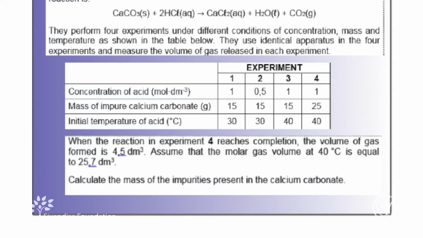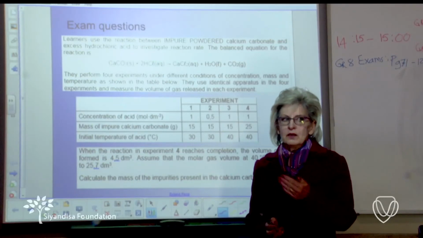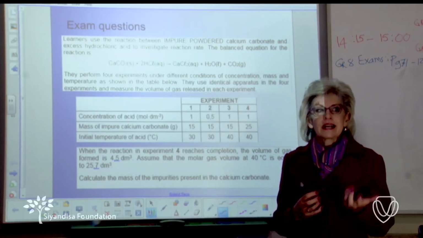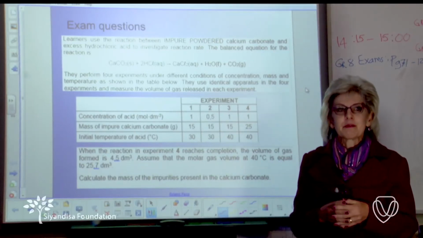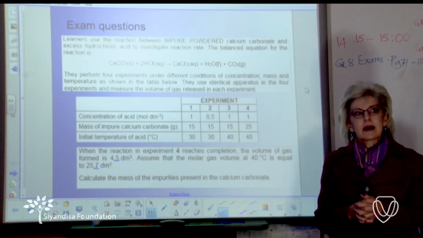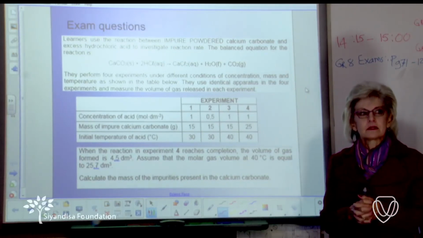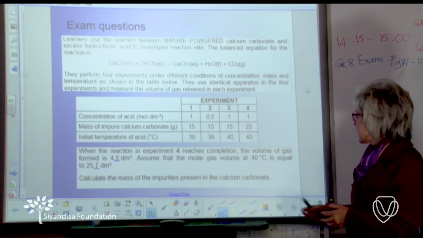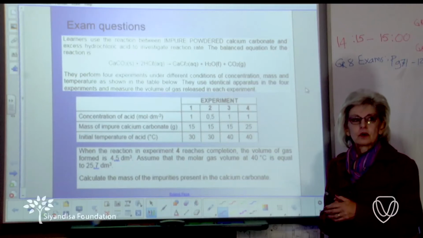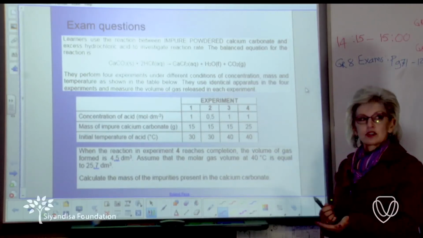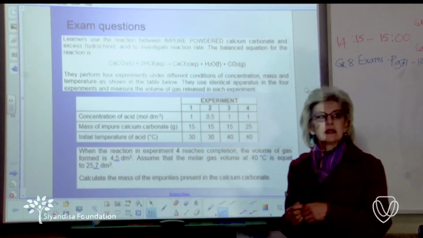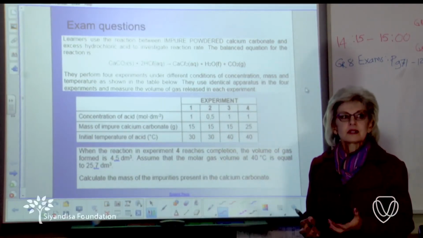Now, this is something new because earlier on in this lesson, we said that the molar gas volume is 22,4, but remember, that was at STP. So we're not at standard temperature of 0 degrees Celsius. This temperature at which this reaction occurred was 40, and therefore the molar gas volume is not 22,4 anymore, but they've given it to you. And that should already be an indication to you, use it.